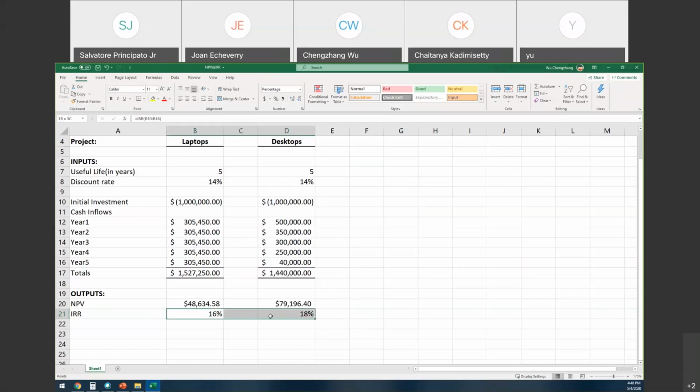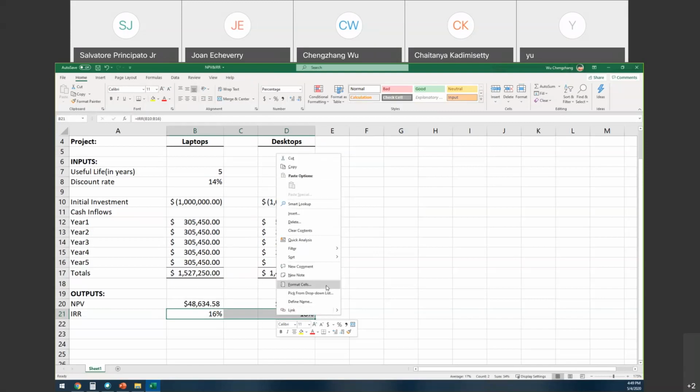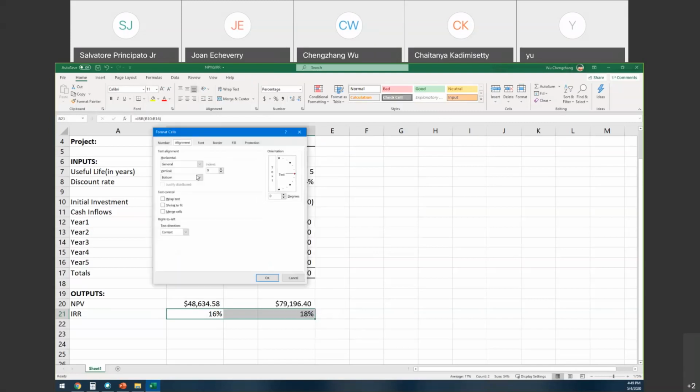You need to know how much higher. So from this window, Format Cells, we can change decimal places. By default, it is rounded to the nearest whole number.